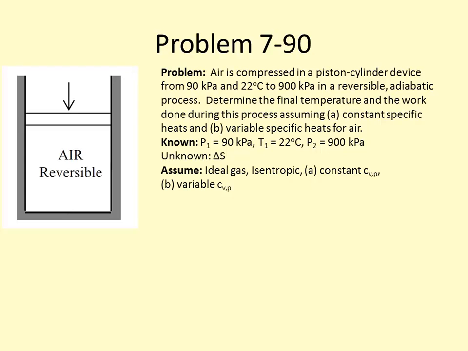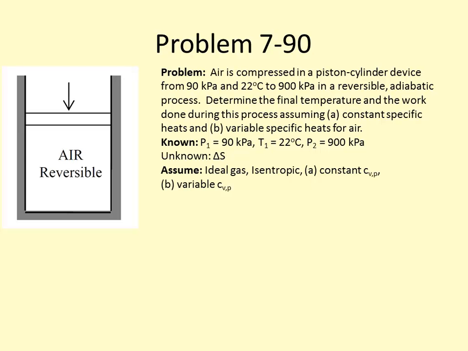We can either interpolate at 430 or just use 425 because it's close enough that the values don't change much when you interpolate. Okay, so C sub V is 0.730 kilojoules per kilogram Kelvin. We're going to need that later.